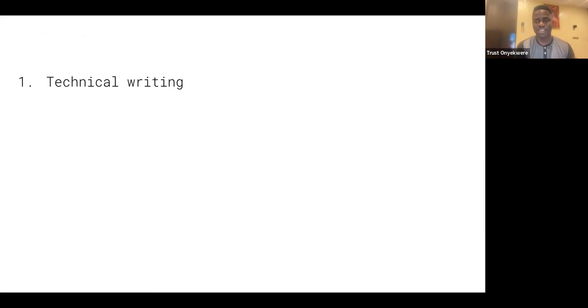So as a developer marketing manager who wants to create awareness for your product, you have to write. Write and publish on Medium, write and publish on your company's blog page, write and publish on dev.to, write and publish anywhere that developers can find article, read, and get to know about your product.